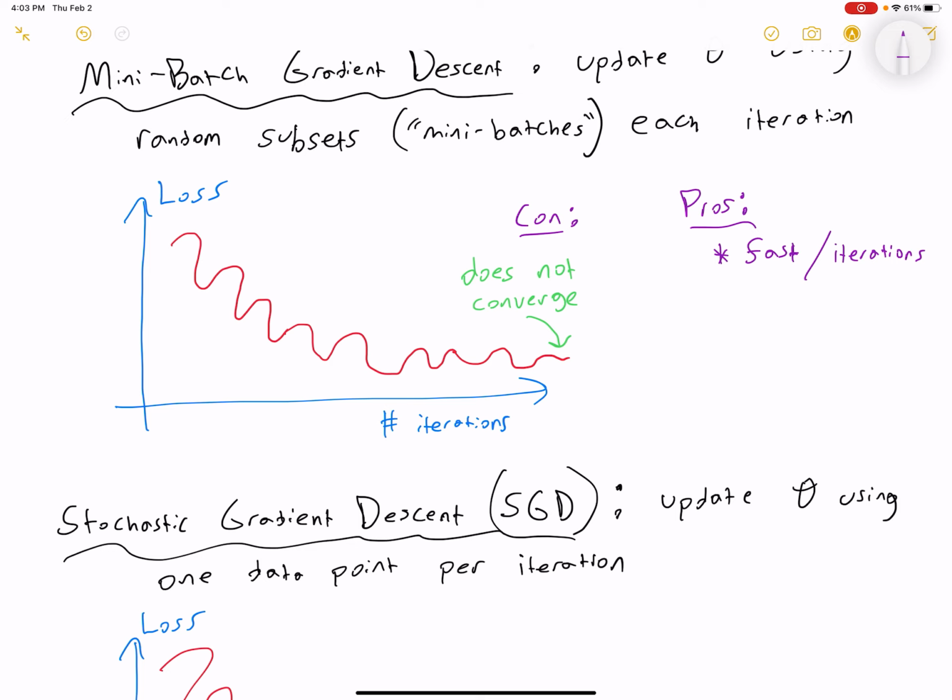And an added benefit is that the randomness of this process helps reduce overfitting. Do y'all remember overfitting from a few classes ago? So it helps reduce that.